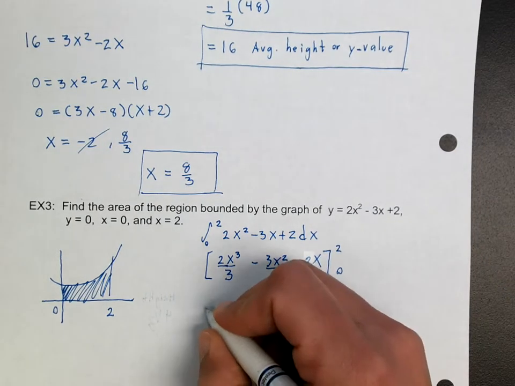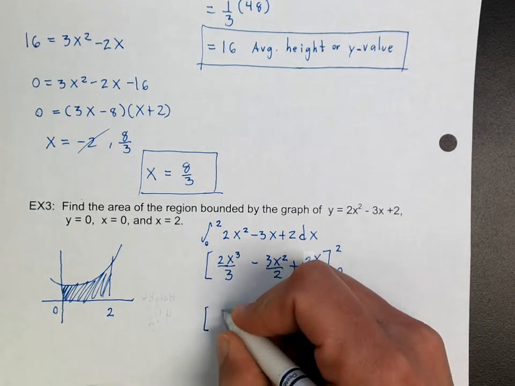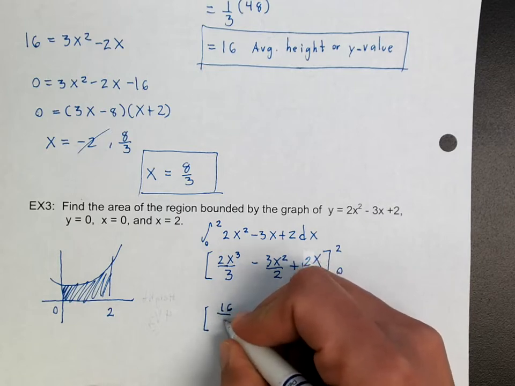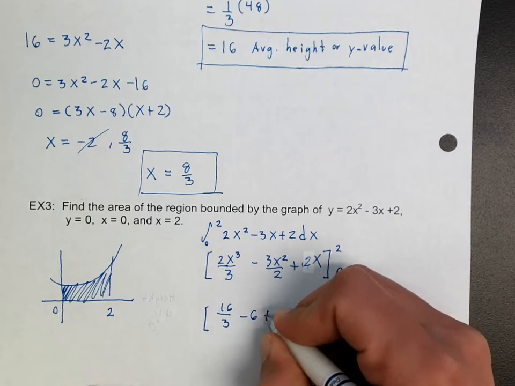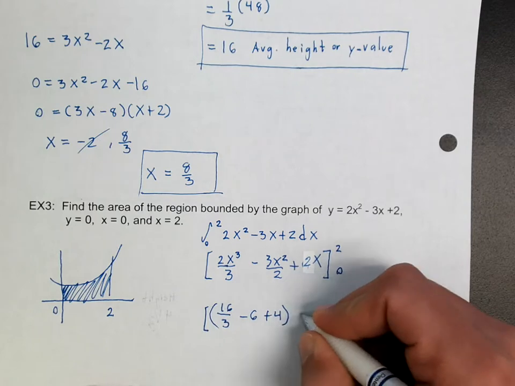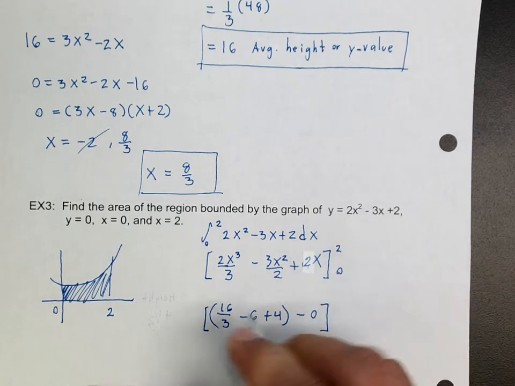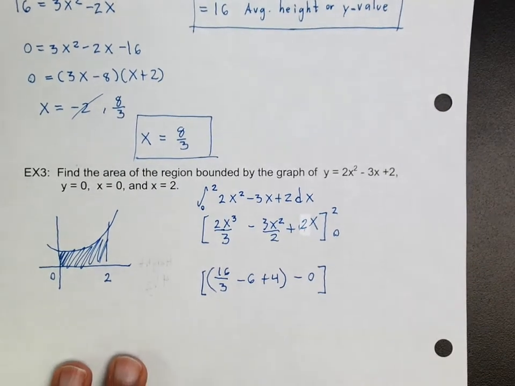And when we do, we'll get 16 over 3 minus 3 minus 6 plus 4, all of that minus 0, because if you plug in a 0 here, it's 0.